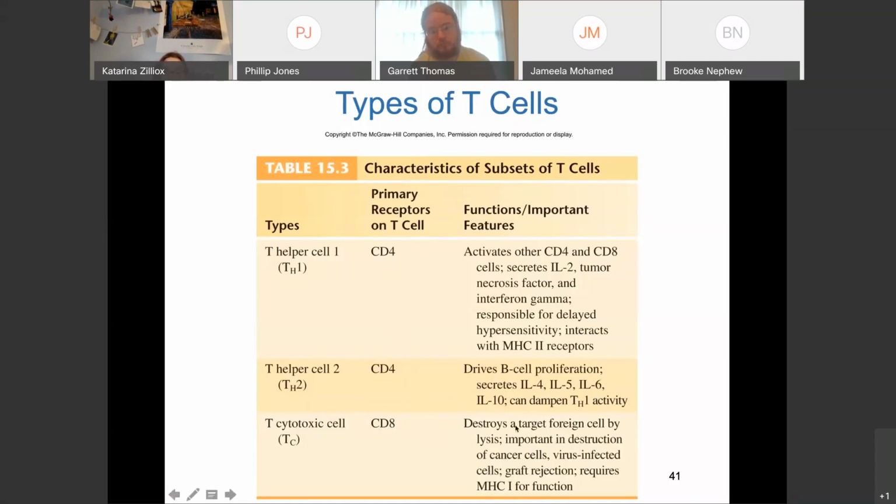And here's the key. It kills virus-infected cells. If you have a cell that's infected by a virus, remember the virus has to attach to certain cells by markers, and has to get in, whether it's an RNA or DNA virus, it has to get into the nucleus. It hijacks that machinery, uses the machinery of the cell to make more viruses.